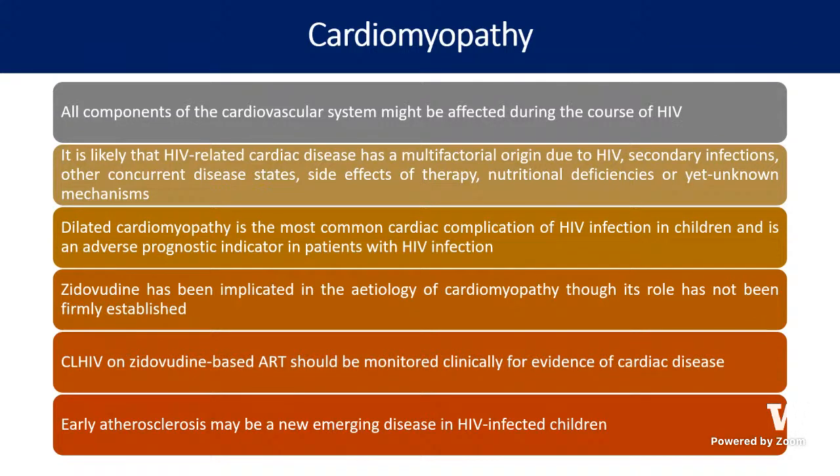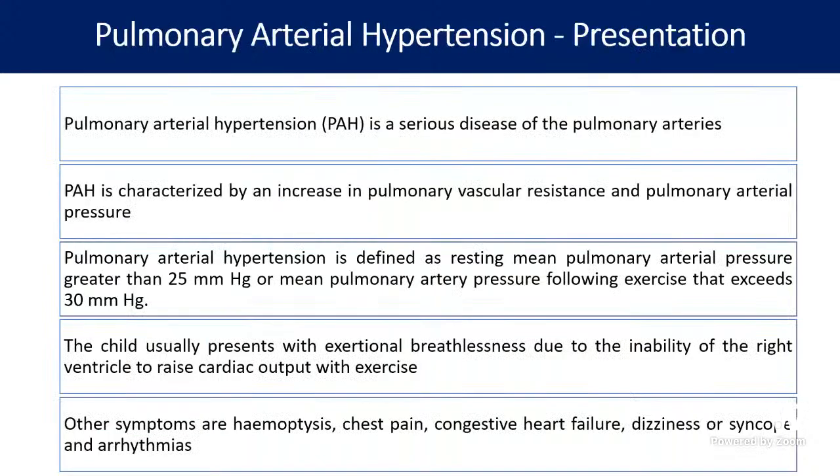Sometimes these children have early atherosclerosis, a new emerging disease. Atherosclerosis is because of what? Increase in the fat, which we see most commonly in plaque formation. Most commonly we see it in adults, but even in children we need to be focused that it can occur. Now pulmonary artery hypertension means what?